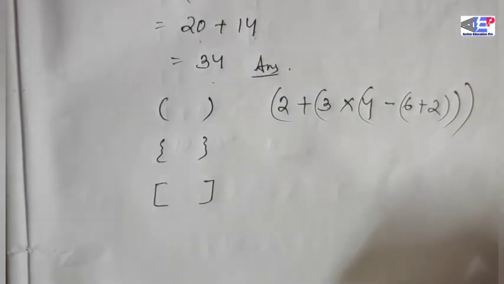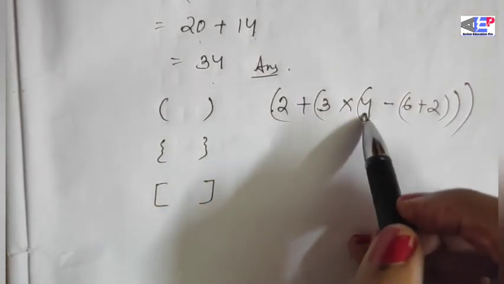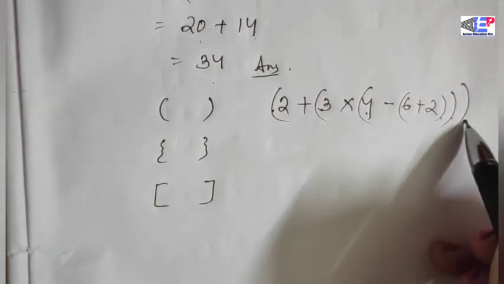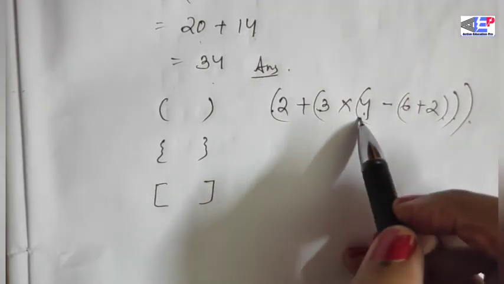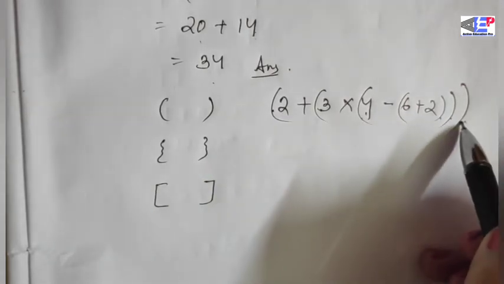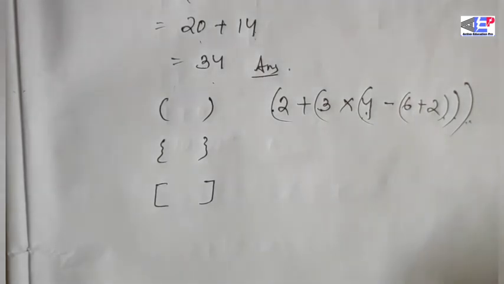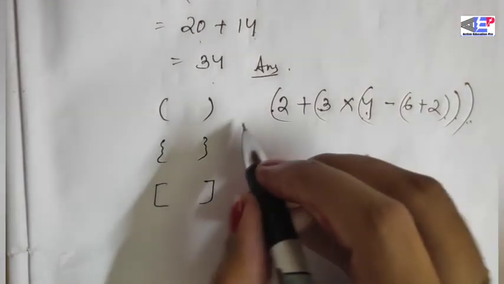As for appearance it is not good. Maybe you fall into some confusion about which bracket you have to start and close. 3 brackets start, 3 brackets end, no problem. Bracket start, bracket close. But at the time of solving, you may face some problem.